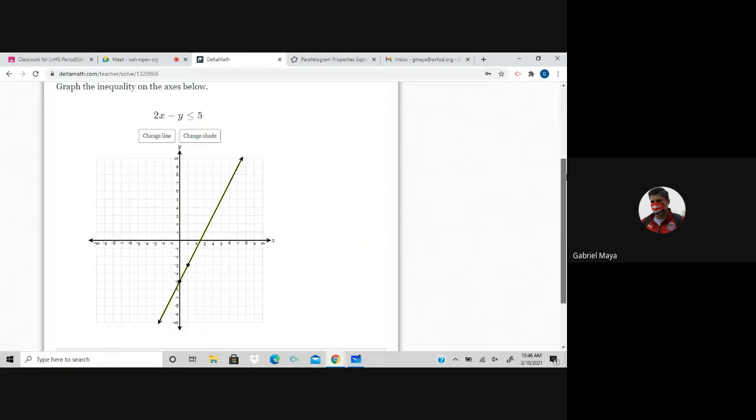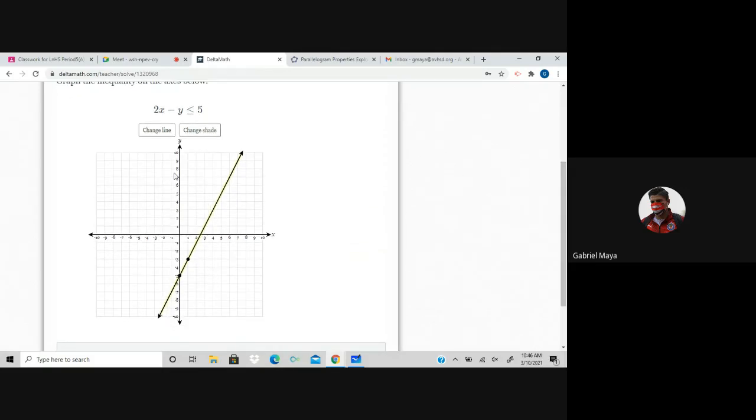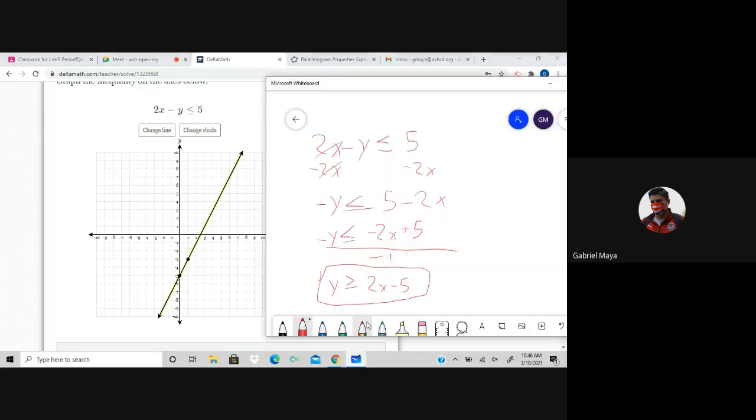Okay. And are we shading above or are we shading below? Well, let's put a number. Let's pick the origin again, 0, 0. I'm going to use a blue pen for this. So let's use this little bit of room right here.